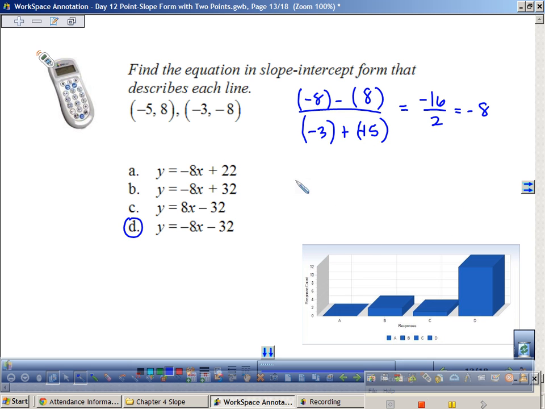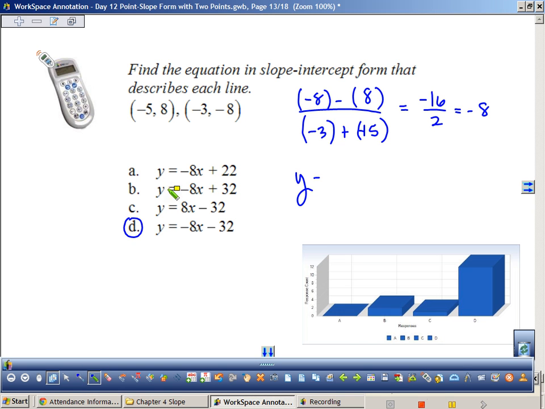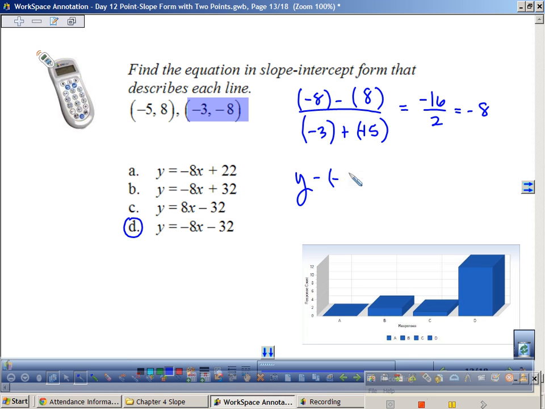And when you put it in point slope form, y minus, which one do you want to use? This one? Oh, I already did that one. Okay, so y minus -8, I should have put, equals -8 times x minus -3, which is y plus 8 and x plus 3.